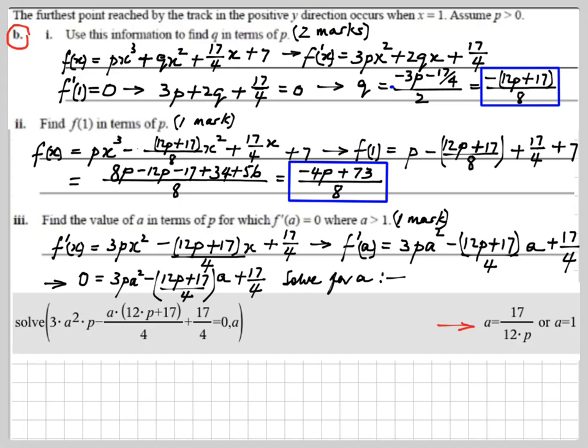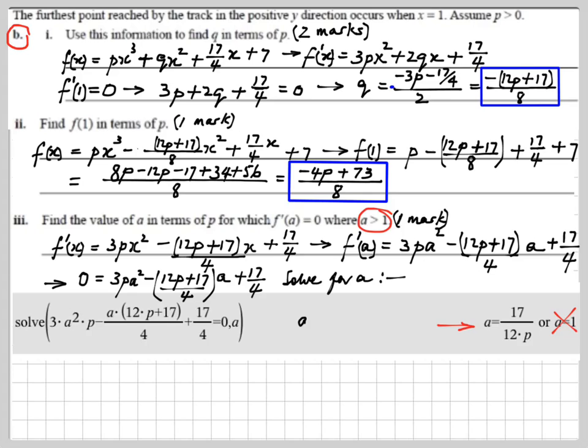Now, come on, guys, we can't have two expressions there because, do you know why? Look at the question above. It says, find the value of a in terms of p for which f dashed a equals 0 and where a is greater than 1. So I'm chucking that out. Goodbye, a equals 1. Don't want you. You're not going to cost me any marks.